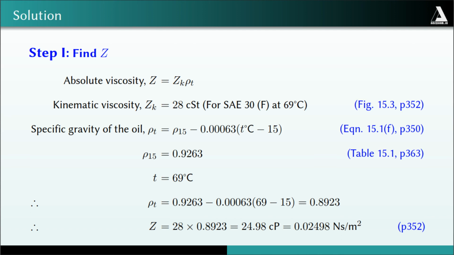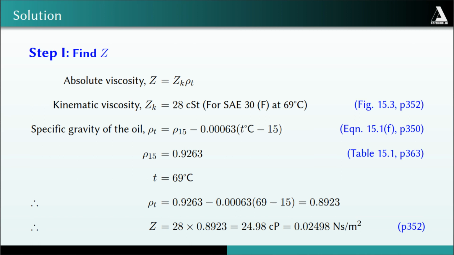Now we have to find the specific gravity of the oil, rho T, which is the specific gravity of the oil at a temperature T. Using equation 15.1F on page number 350, rho T equals rho 15 minus 0.00063 into (T minus 15) degrees Celsius.